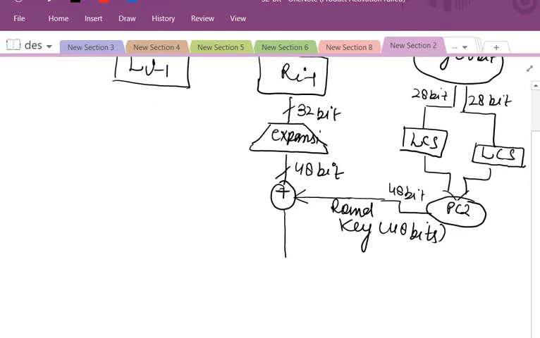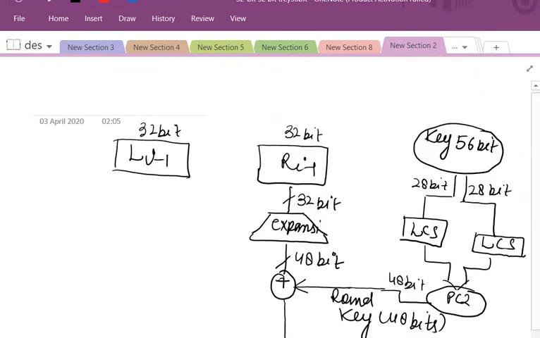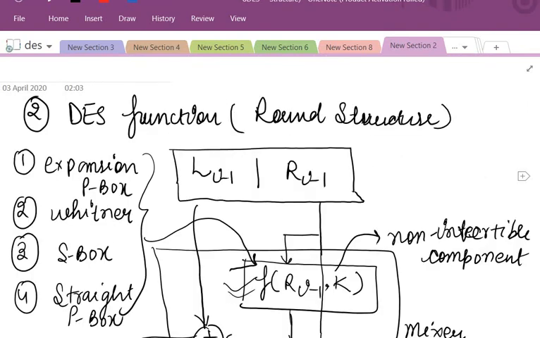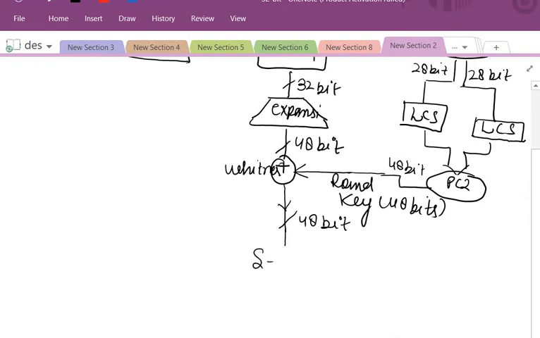So after the whitener, this is the whitener. Whitener means XOR only. The output will be 48-bit. The next step is the S box and then the straight p box. We have to feed this 48-bit output into the S box.